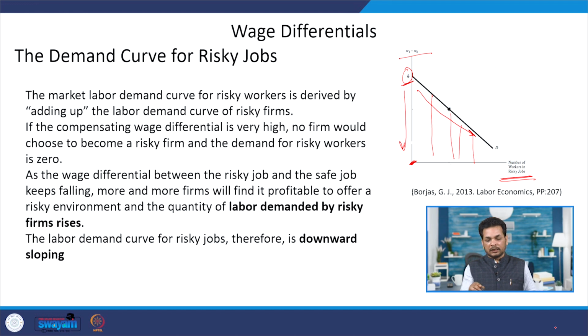So, at a certain level of theta it will become 0, and as the wage differential between the risk jobs and the safe jobs keeps on falling, more and more firms would find it profitable to offer a risk environment, and the quantity demanded for the risk jobs and the risk workers will increase. Therefore, you will find that the labor demand curve for the risk jobs is downward sloping.